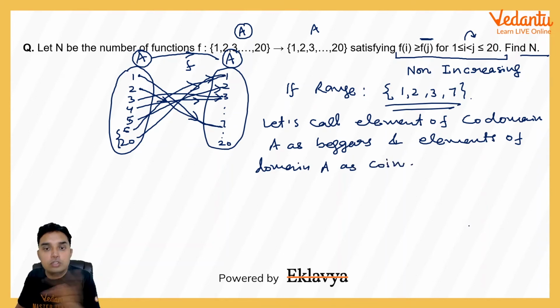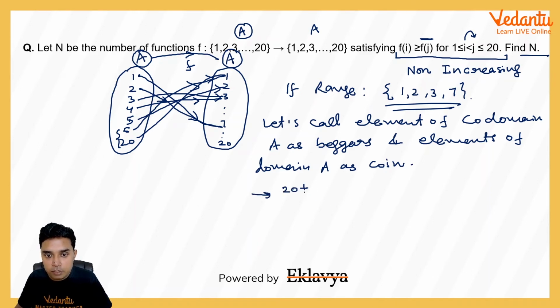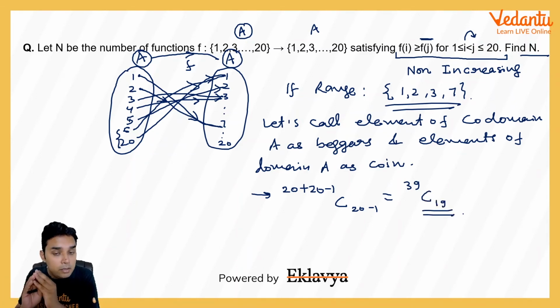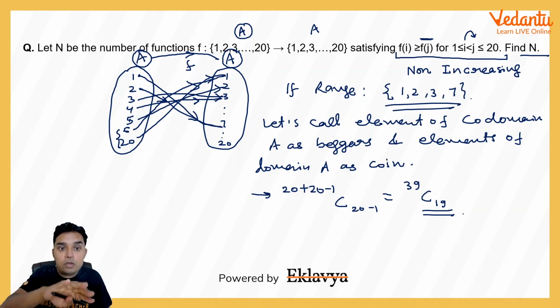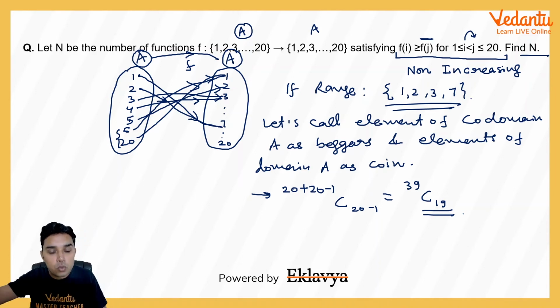And if we use the beggar coin method, I think the answer is direct. So this distribution can be done in 20 plus 20 minus 1 C 20 minus 1, that is 39 C 19 ways. Now this was the method. These number of ways are to distribute 20 coins to 20 beggars.